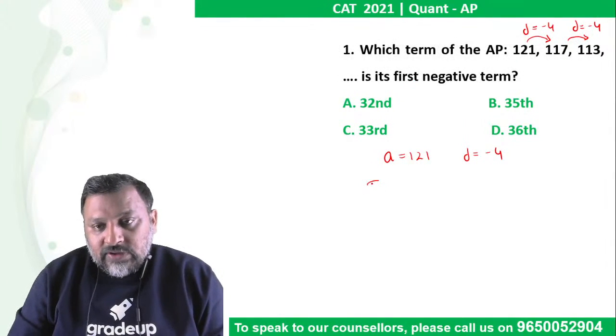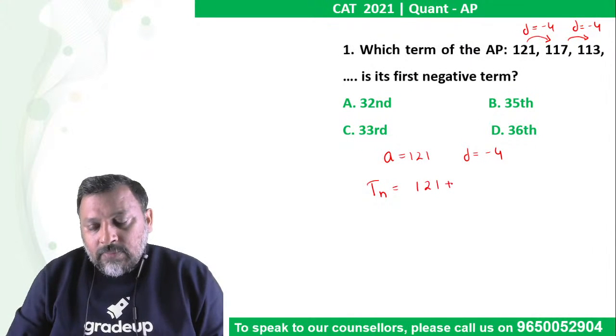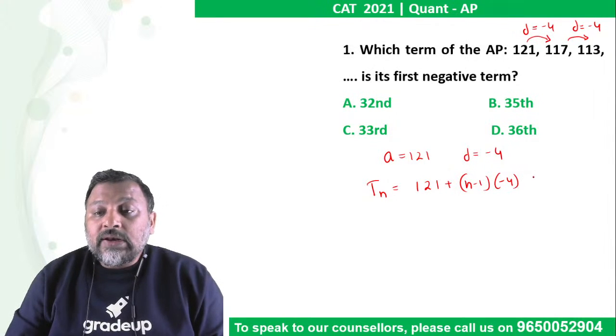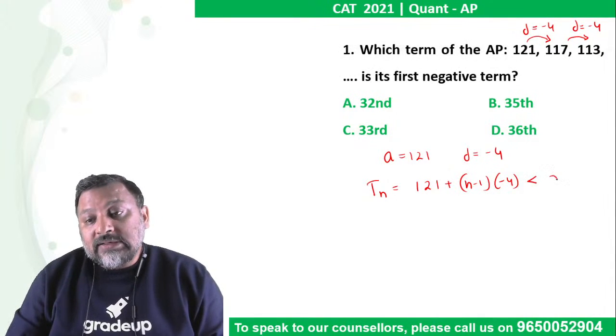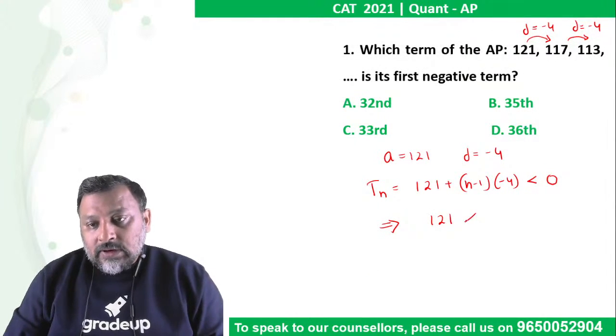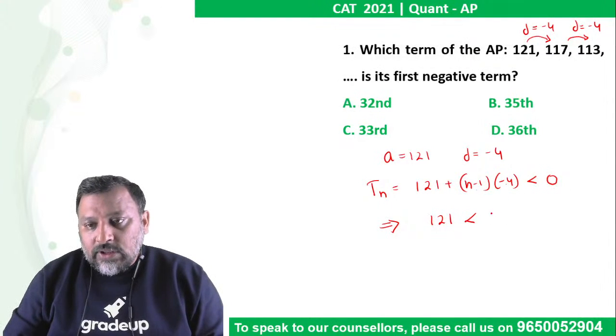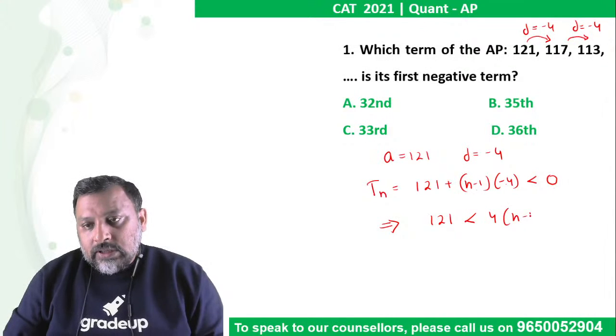So can we say the nth term can be written as 121 plus n minus 1 times minus 4, and we want this to be negative. That means I want this to be less than 0. So it is 121 less than, if I bring this to this side, minus 4 becomes plus 4, so it is 4 times n minus 1.